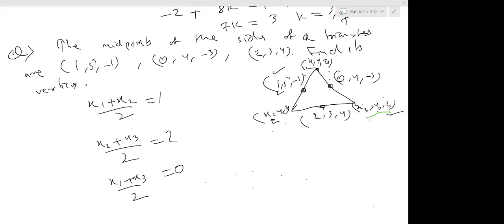All right, Rahman, have you solved this? So in these equations, we can write x1 plus x2 is equal to 2. Sir, what to do after finding all the coordinates till z? Rahman, your voice is not loud enough.